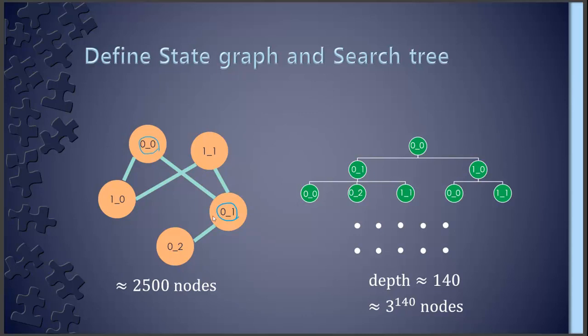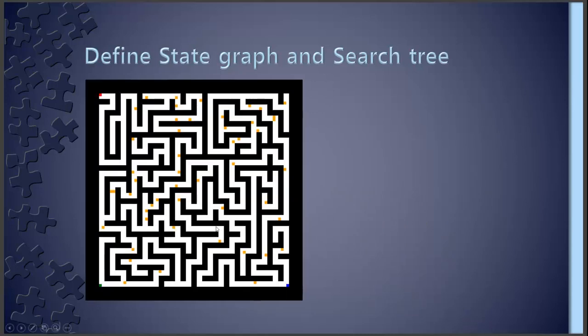So how can we define the state graph in a much smarter way? As you can see, suppose you are at the start point and there is only one way to go, and then you will meet a junction. If you go this way, you are blocked, and if you go this way, you will meet another junction.